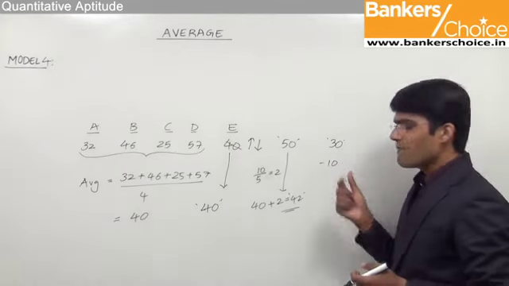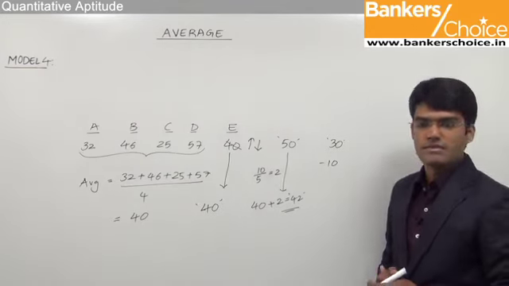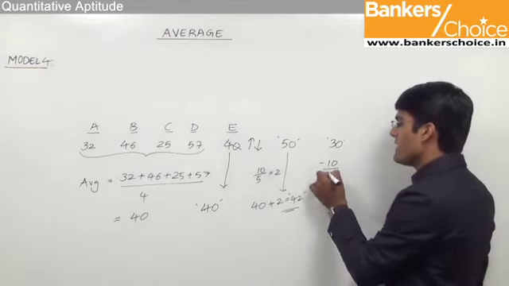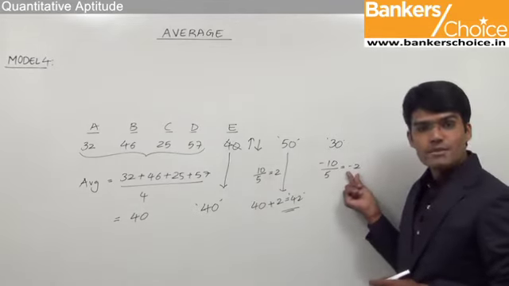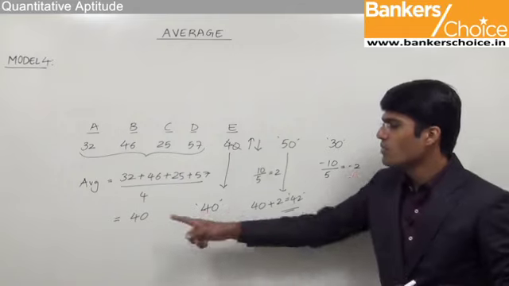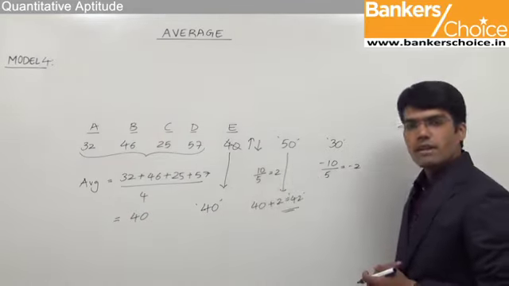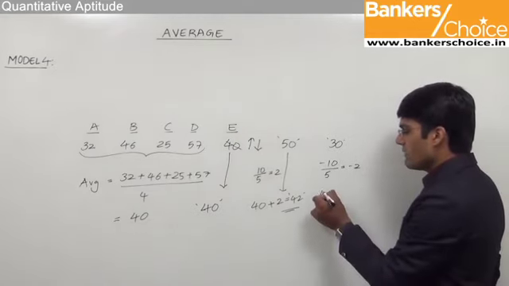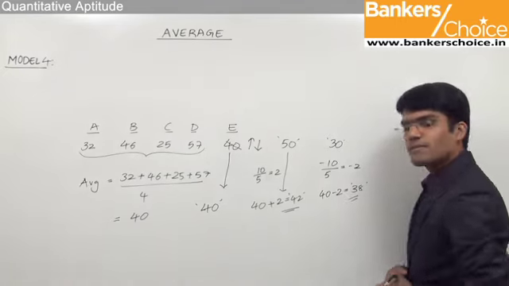Now this weight of minus 10 kgs should be equally divided among all the 5 persons. So minus 10 by 5 will give us minus 2. Since we have got minus 2, by subtracting this 2 from the actual average, we can say that the average weight of all the 5 persons together will be 40 minus 2, that is 38 kgs.